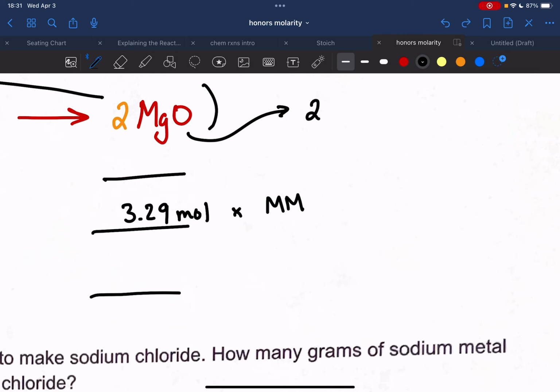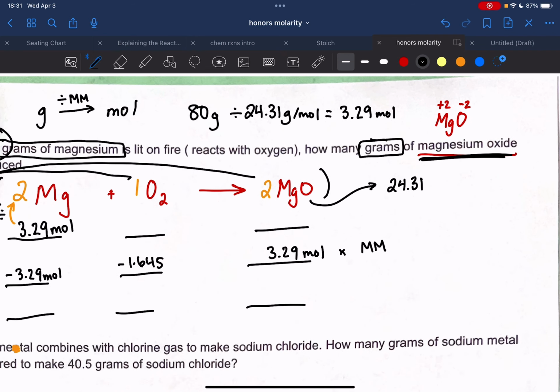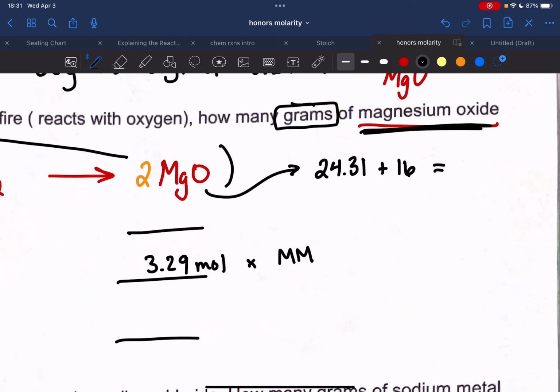That's going to be 24.31 like it was before, but to that I'm going to add a 16 for my oxygen. And now when I add these numbers up, 24.31 plus 16, I get a molar mass of 40.31 grams per mole. That is the number I'm going to multiply here by my 3.29.